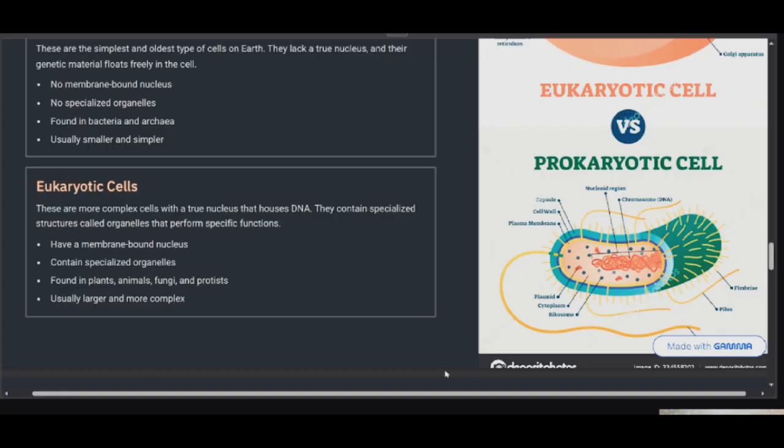The cell structure is simpler in a prokaryotic cell, whereas the eukaryotic cell has a complex structure. Examples of eukaryotic cells are plants, animals, and fungi, whereas prokaryotic cell examples are bacteria.